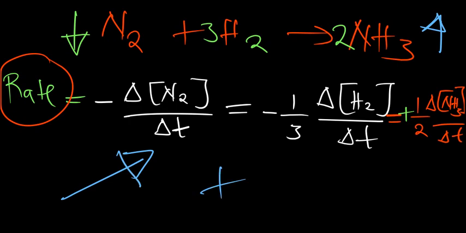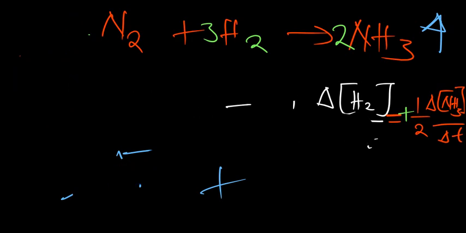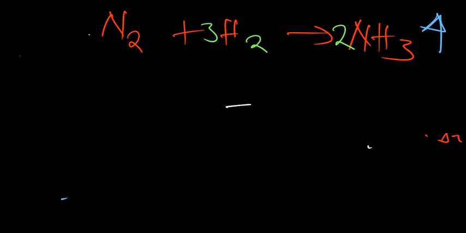Now let me add something little to that. It's something that's very interesting actually. We call these differential rate laws. Next time we're going to talk about rate laws in the cases where they give you, let's say, experiment 1, experiment 2, and experiment 3.